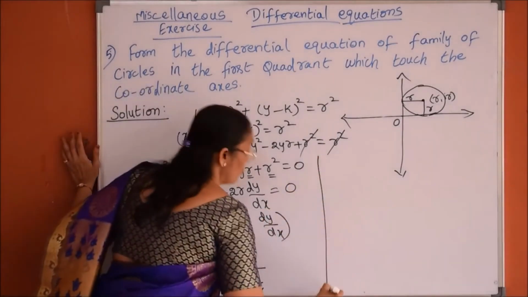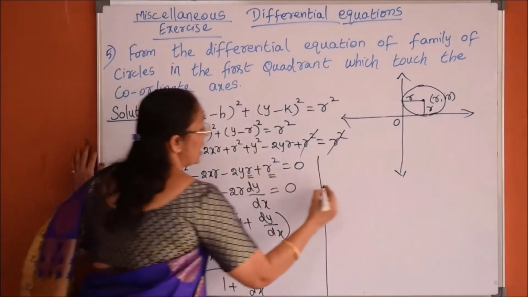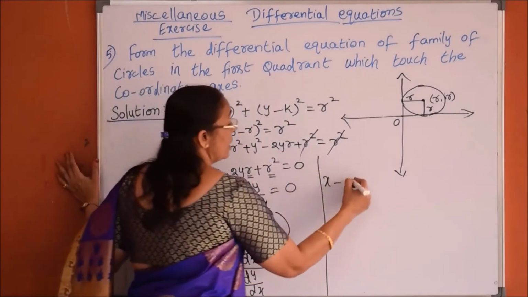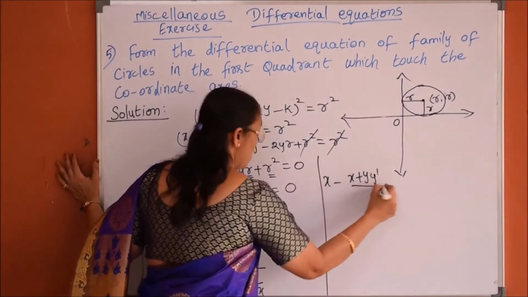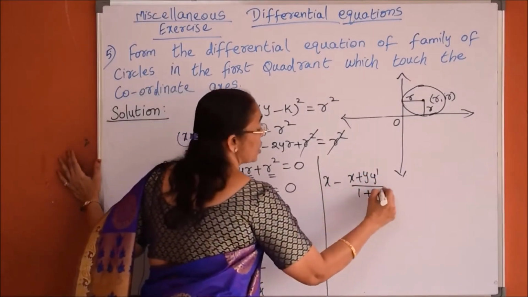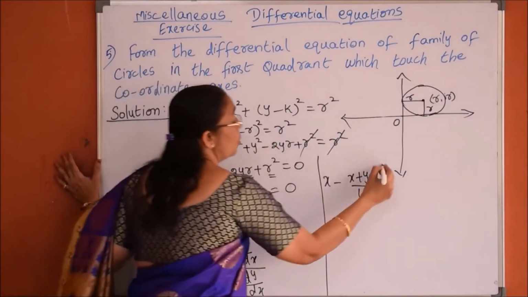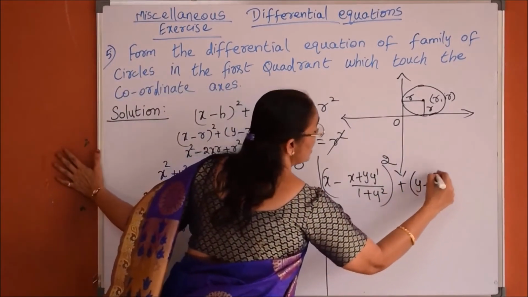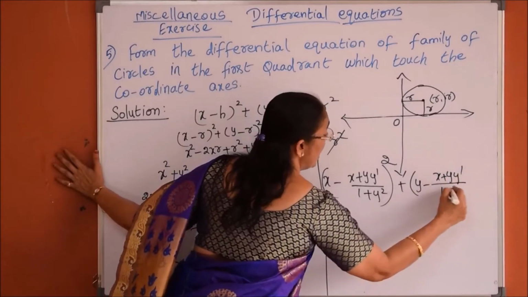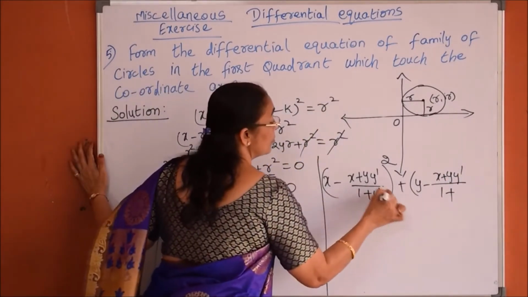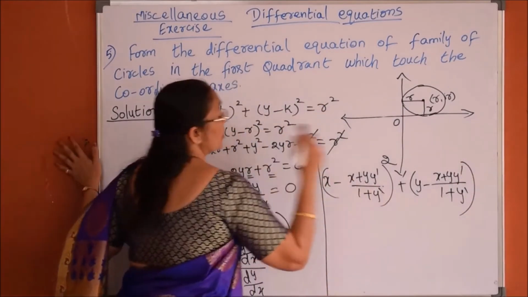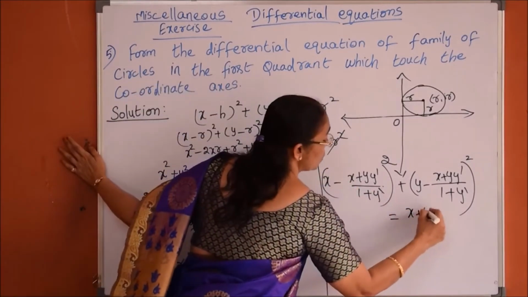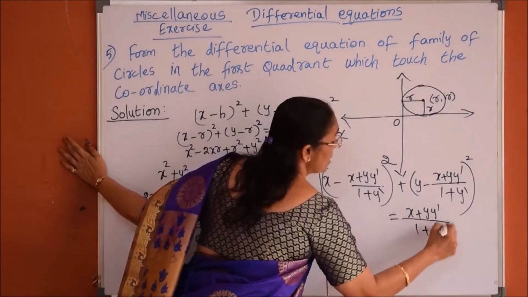So I will get (x minus r) whole square, where r is (x plus y dash) divided by (1 plus y dash), plus (y minus r) whole square, equals r square, which is (x plus y dash) divided by (1 plus y dash) whole square.